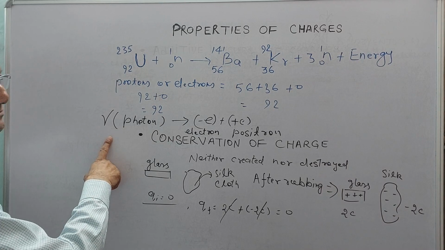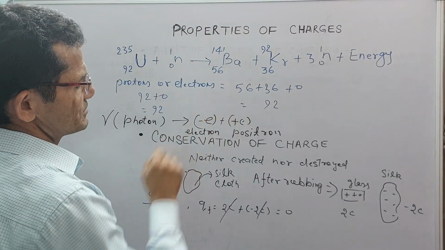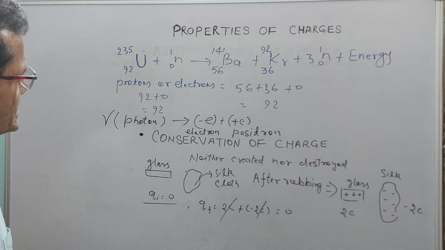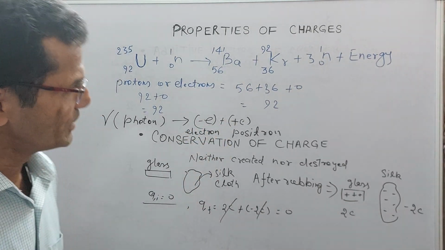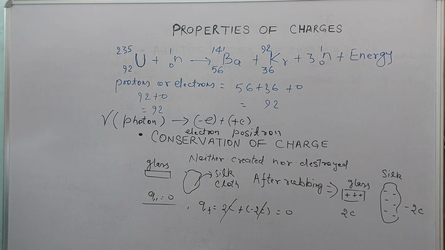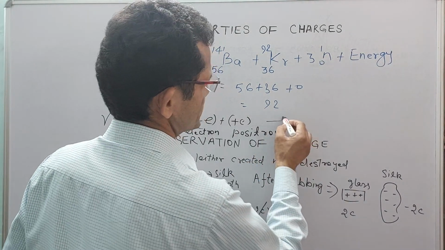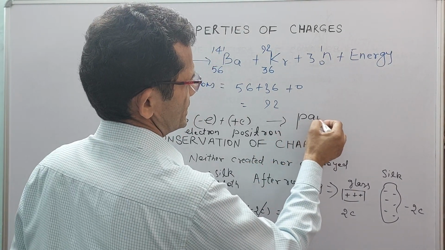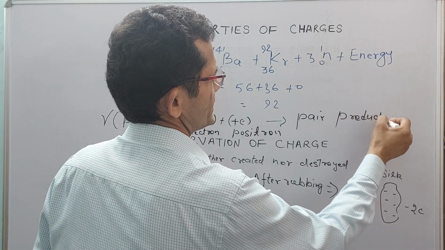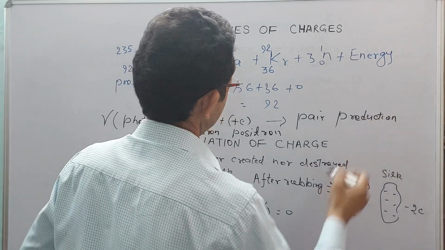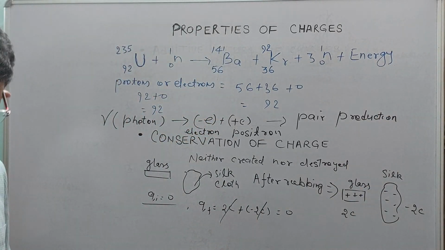The initial charge on the photon is 0. The total charge after materializing the photon into two particles is minus e and plus e, once again 0. This is known as pair production, in which we produce two antiparticles simultaneously.